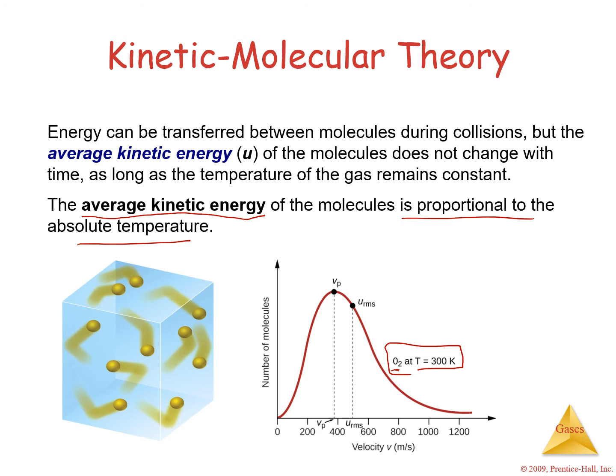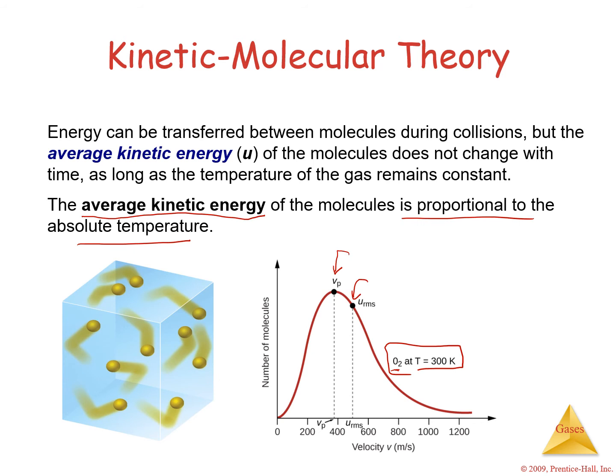This peak is the most probable velocity, but the average is a little lower than this, because the bell shape is not symmetrical. It has a little bit of a tail at higher velocity.